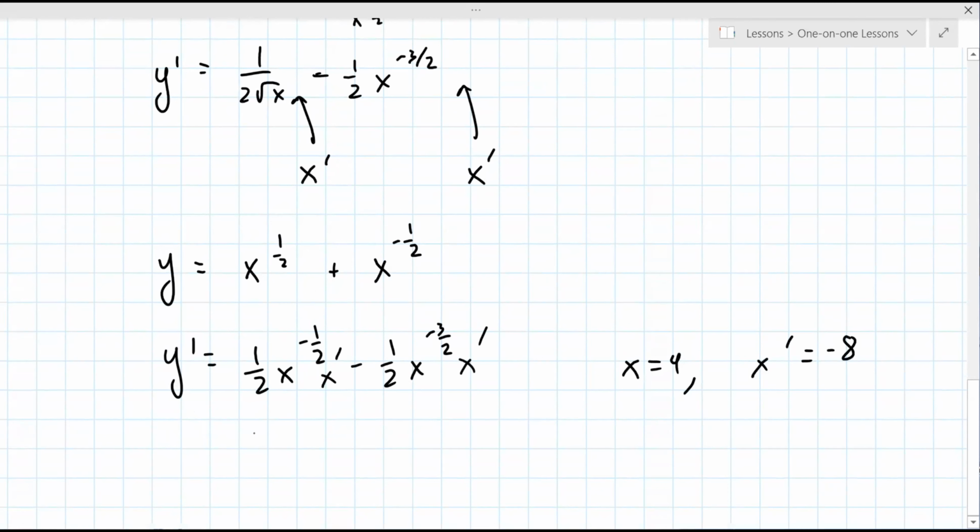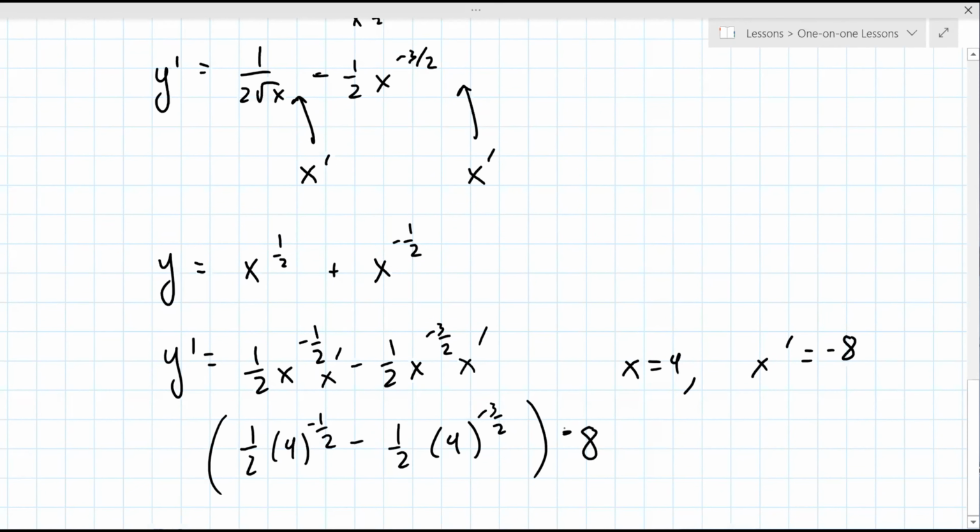So it's 1/2 4 to the minus 1/2 minus 1/2 4 to the minus 3/2. And I'm just going to factor out the x prime, so you can multiply the whole thing by minus 8.